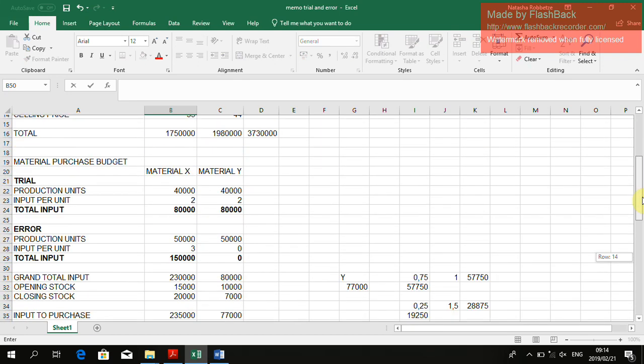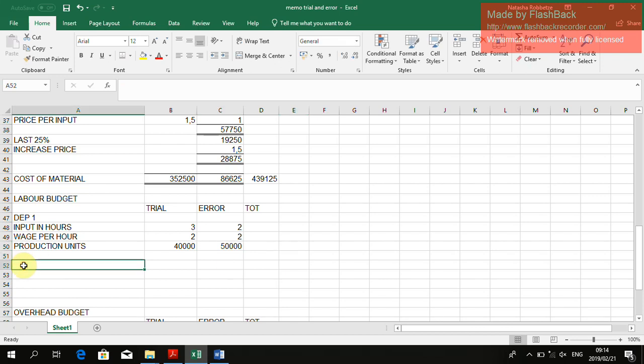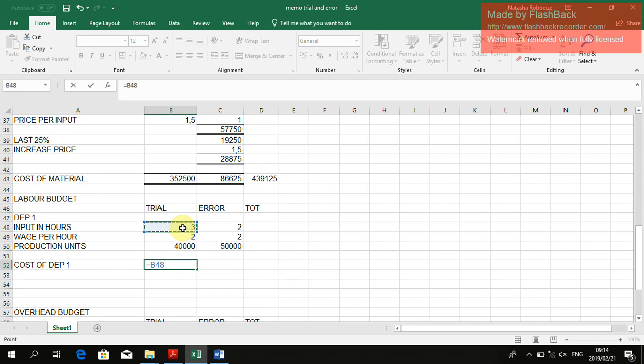No, it was 40,000 for trial and 50,000 for error. So the cost of department 1 is then 3 times 2 rand times the production units, and I will repeat that calculation.